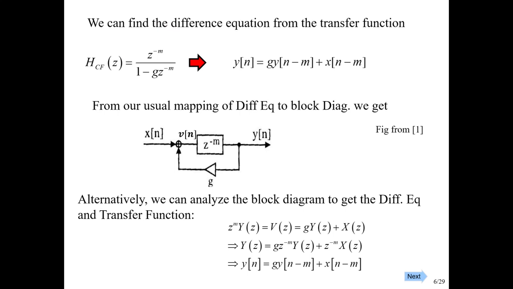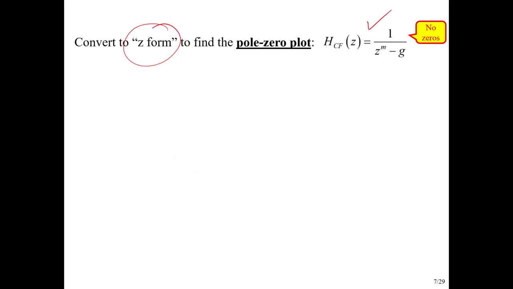What else did we show in that review section? Well, once we have the transfer function, we can convert it into its z form. So here's its transfer function in z inverse form. Multiply top and bottom by z to the m, and those cancel, and pass that through the denominator, and we get this. And so now we see no zeros.